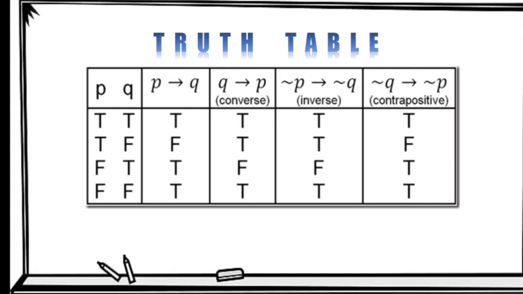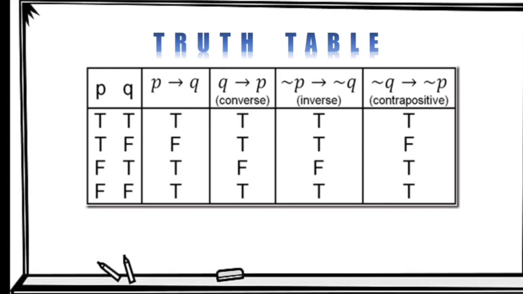If P is true and Q is false, the conditional statement is false. The converse is true. The inverse is also true. And the contrapositive is false.